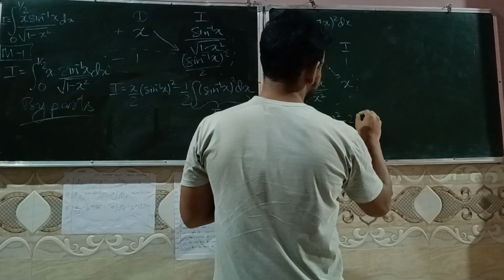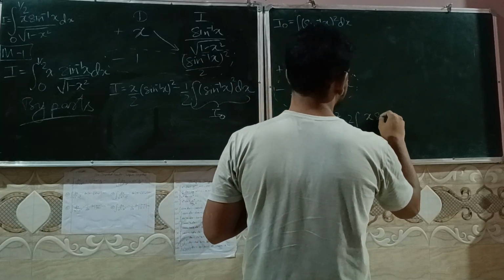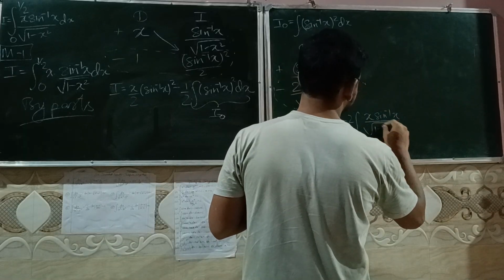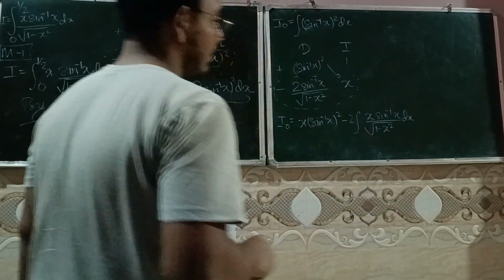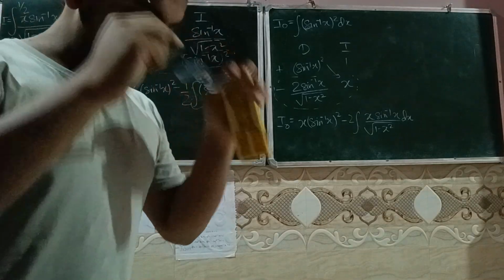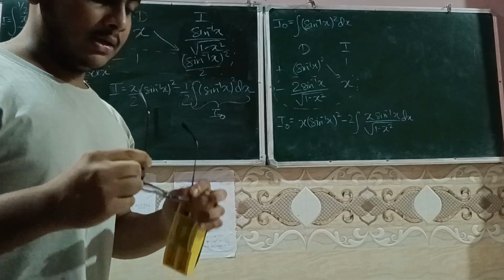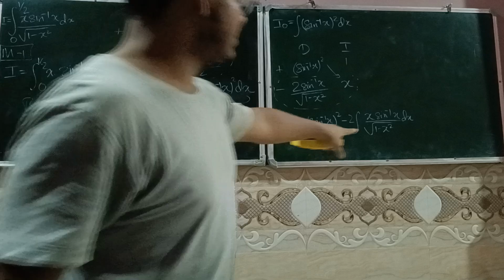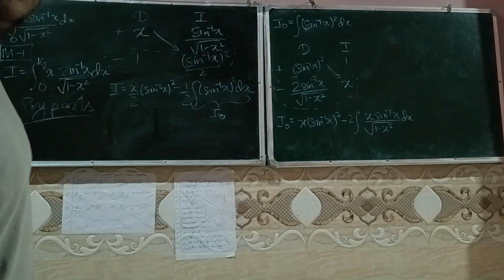So minus 2 is taken out, and we have x sine inverse of x over square root of 1 minus x squared dx. And if your eyes are natural, unlike my eye which is slightly damaged, you can see that this thing is the original I.